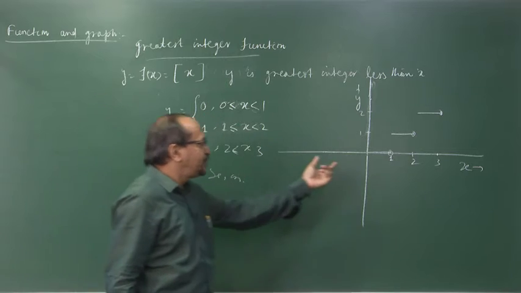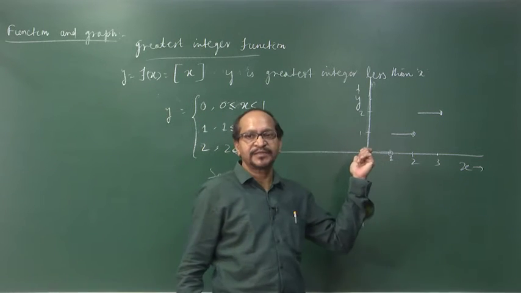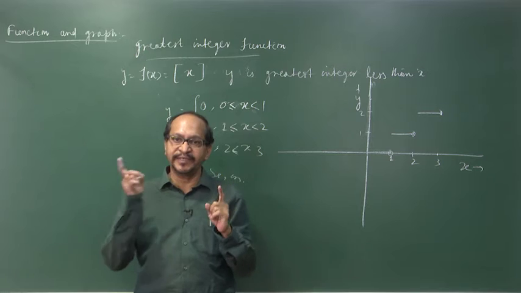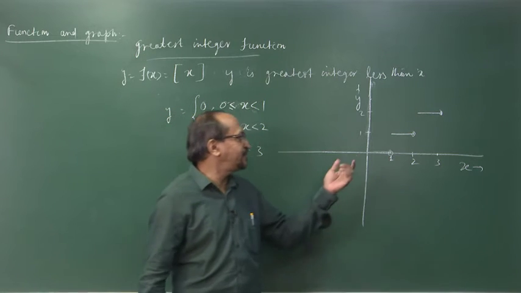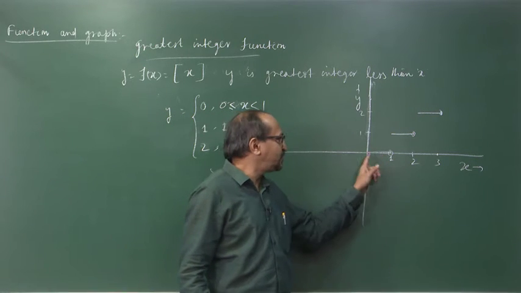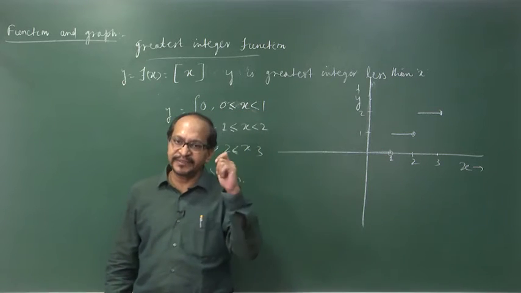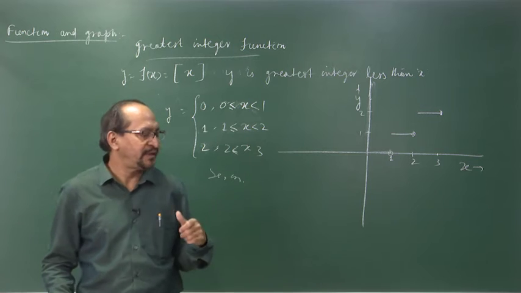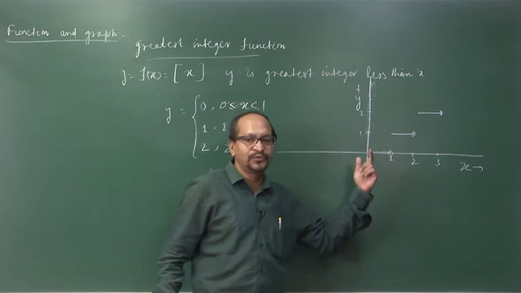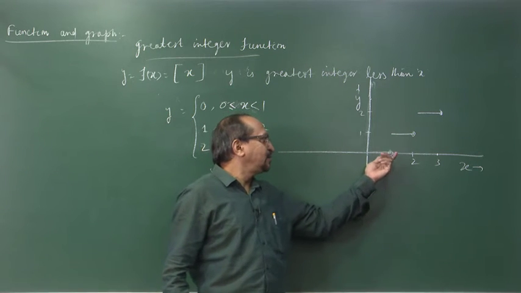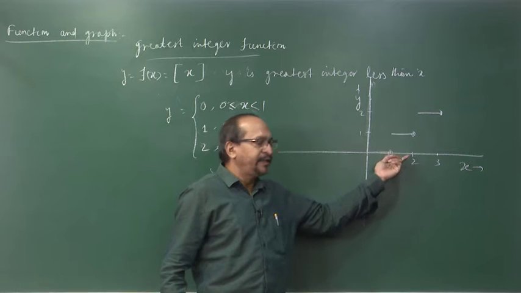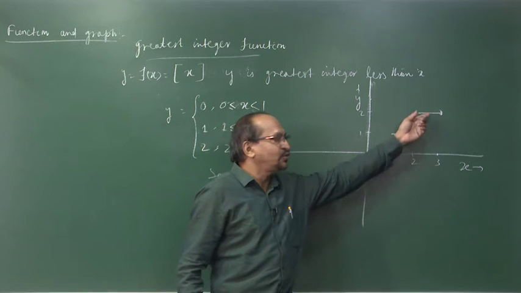When x lies between 0 and 1, the greatest integer less than x is 0, because for 0.1, 0.2, 0.3, 0.4, the integer less than x is 0. Similarly, when x goes from 1 to 2, the greatest integer less than x is 1, and so on.